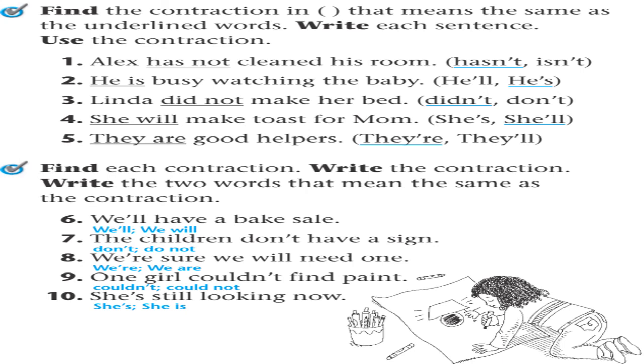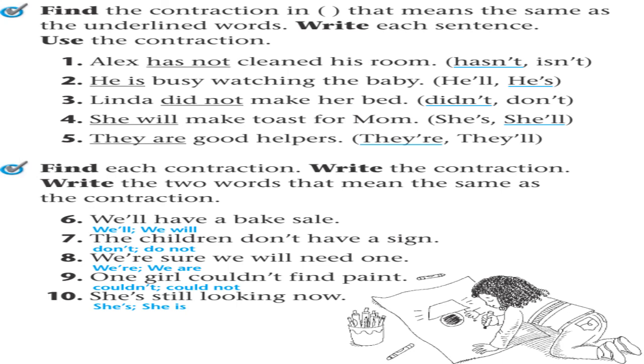Number 8, we're sure we will need one. The contraction is we're. And the two words that give the same meaning are we are. Number 9, one girl couldn't find paint. The contraction is couldn't.